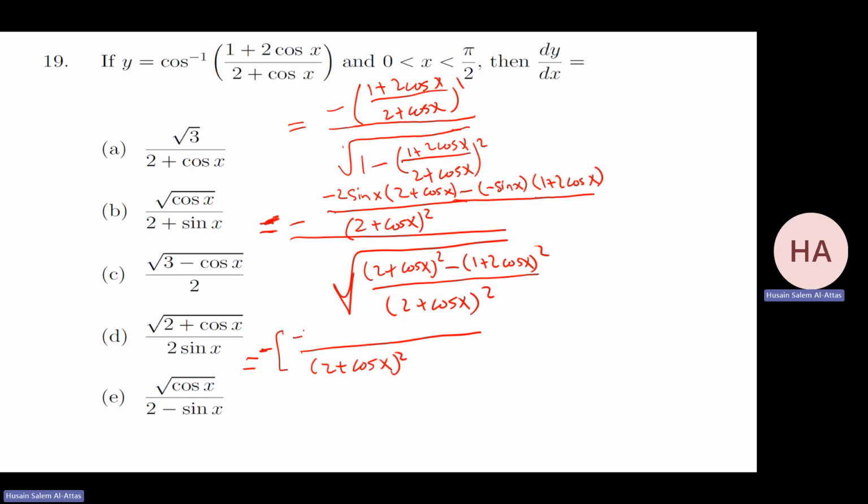That will be minus 4 sine x minus 2 sine x cosine x plus sine x plus 2 sine x cosine x. This is 2.